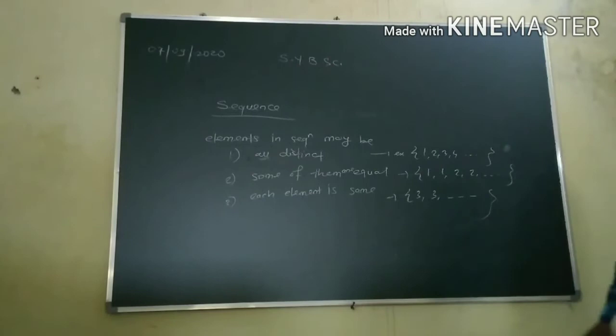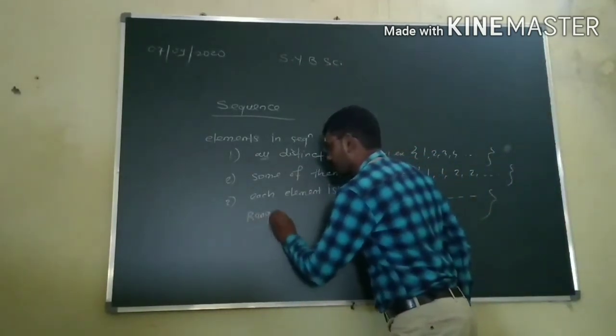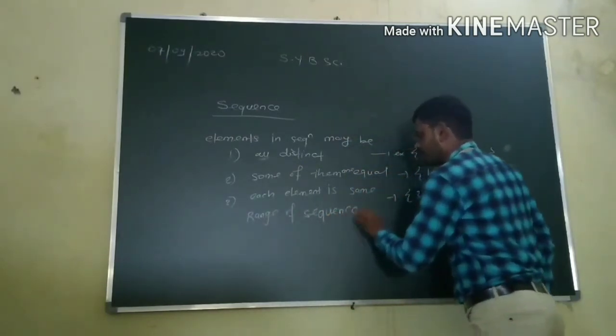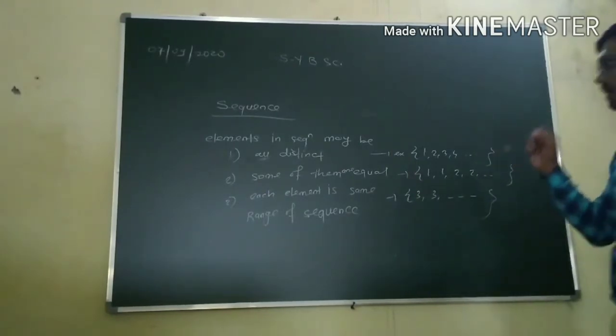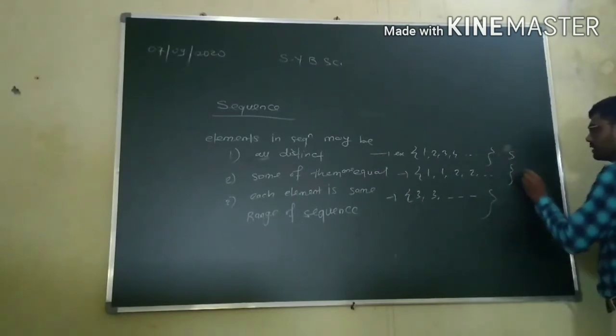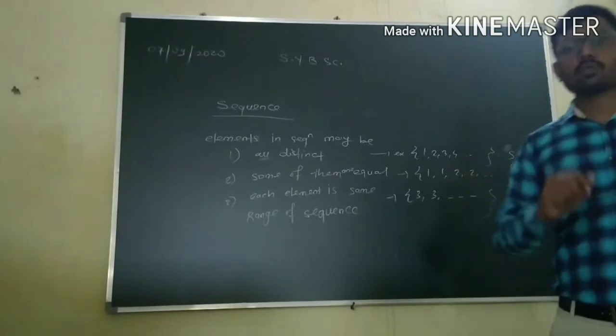Okay. Now what is the range of a sequence? Range of a sequence is nothing but the collection of all distinct elements of the sequence. Suppose this sequence we denote by S, this by T, this by U. So what is the range of sequence S?